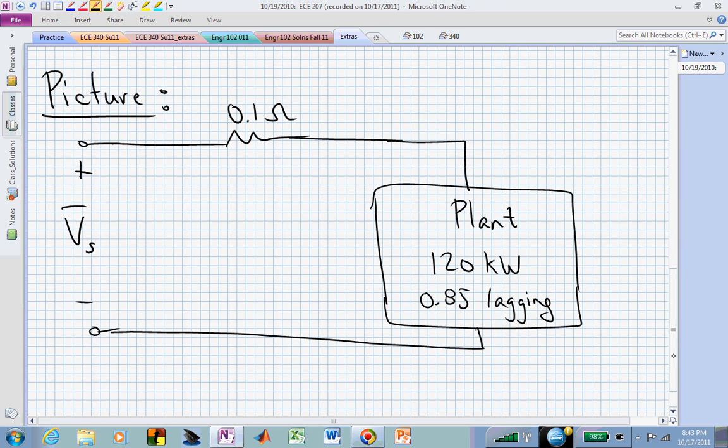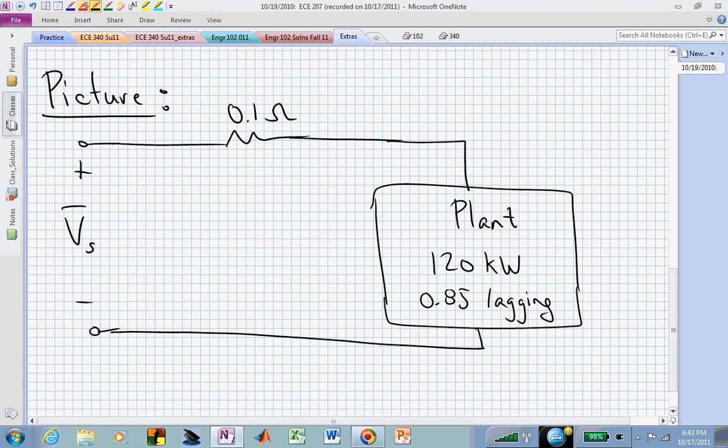Here's the picture that we sketched last time. We have our transmission line, which is 1 mile, and the resistance was 0.1 ohm per mile. Thus, we have a 0.1 ohm resistance in between the supply voltage, which we're modeling as V sub S bar, and the plant, which is our first load.